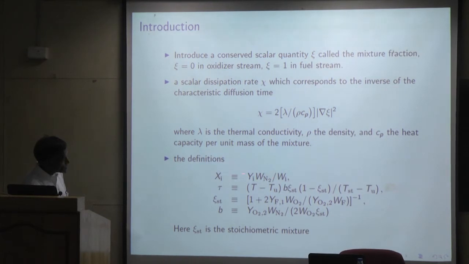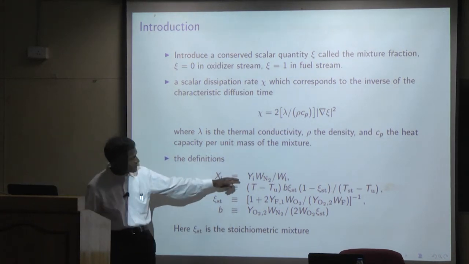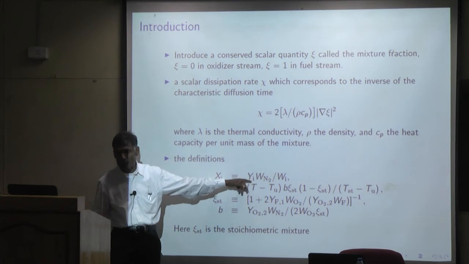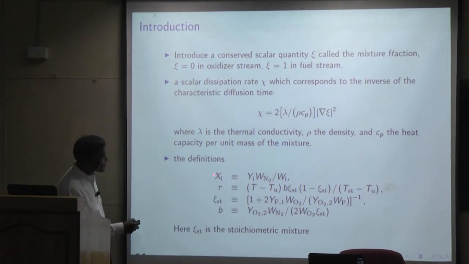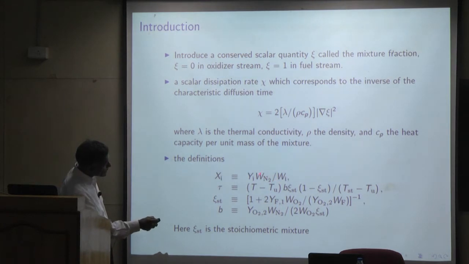xi. So this xi is actually the mass fraction, a non-dimensional temperature, a normalized mass fraction. Even though I put an xi, it's actually a function of Yi. You can rewrite it in this form. And it turns out that this is close to the mole fraction of the fuel, because the WN2 appears.